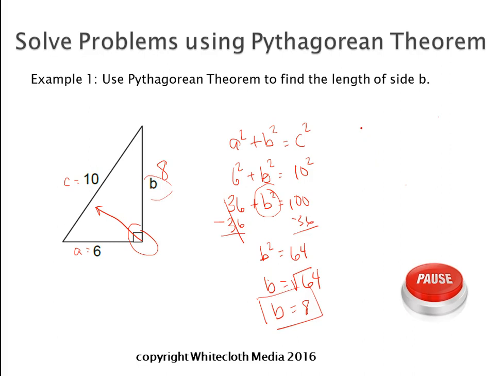I'm going to check that. 6 squared plus 8 squared should equal 10 squared. 36 plus 64 should equal 100. Yes, 100 equals 100. So it checks out.